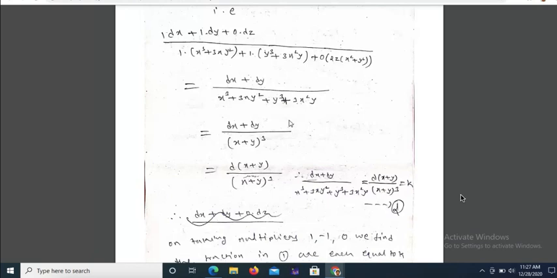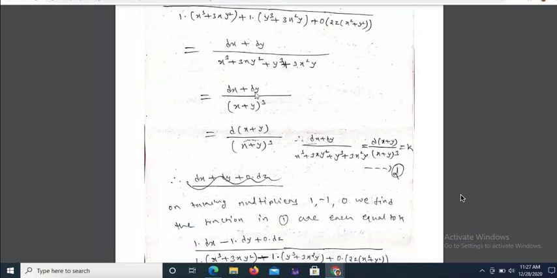We can write it as dx plus dy over (x plus y) whole cube, since (x plus y) whole cube is x cube plus y cube plus 3xy square plus 3x square y. You just expand, you'll get the same. So dx plus dy is d of (x plus y), divided by (x plus y) whole cube.